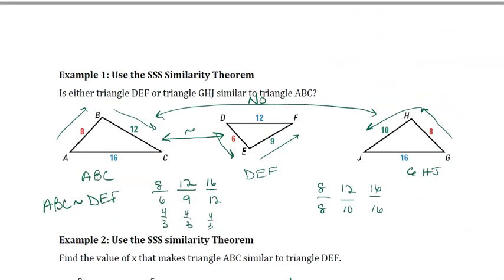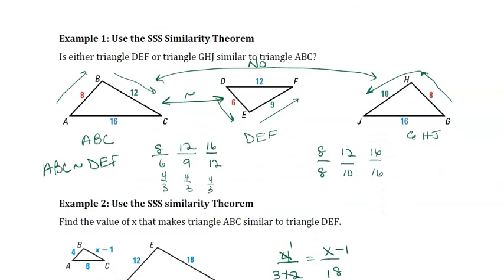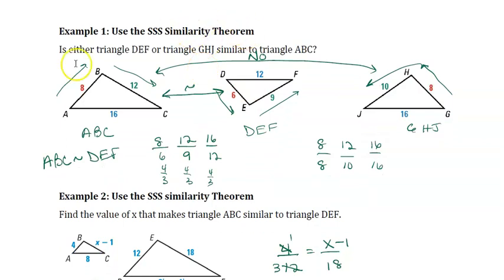Okay, let's go on. Here they say, use the side, side, side similarity theorem. Is either triangle DEF or triangle GHJ similar to the first triangle, triangle ABC? First I tested triangle ABC and triangle DEF. To test it, I'm saying small over small, then the median is 12 over the median of the right triangle, which is 9, and then 16 over 12.